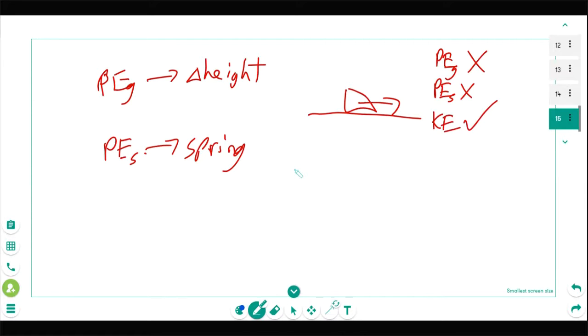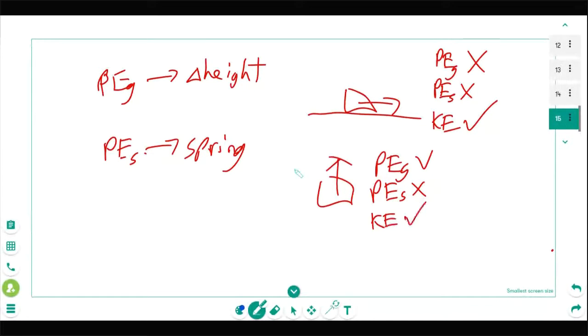If I have something moving upwards, then I will do PEG, not PES, and then kinetic energy as well. The only time I'm going to use a spring is if it's harmonic motion, where you have a mass on a spring. Then PEG, nope, because we're not going up and down.